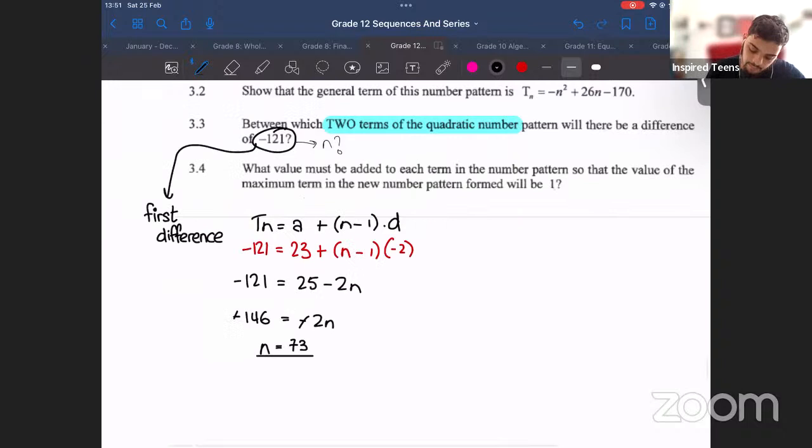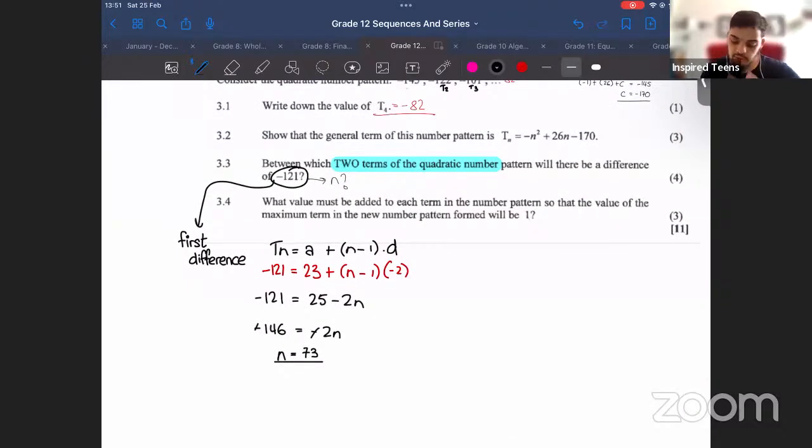So basically, between which two terms of the quadratic will there be a difference of negative 121? We know that negative 121 is a first difference of the quadratic. The first differences of a quadratic form an arithmetic sequence. In that arithmetic pattern, the 73rd term is negative 121.